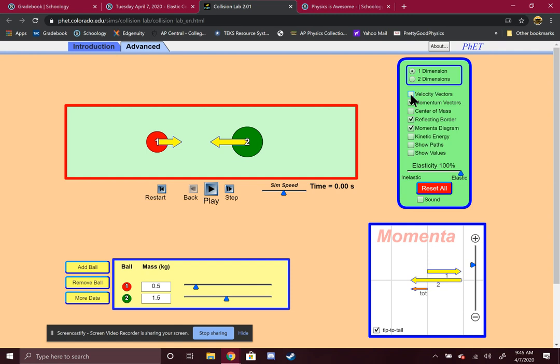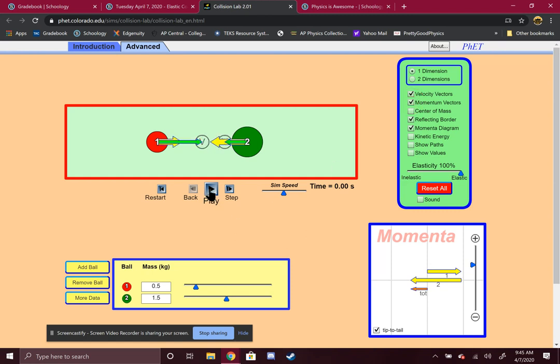Hopefully you said green because the arrow is bigger. It doesn't matter that it's going in the negative direction, your green is bigger. But which one has the greater velocity would be the red one, because if we make the yellow ones disappear for right now, your green one is bigger. So you've got to pay attention to those.